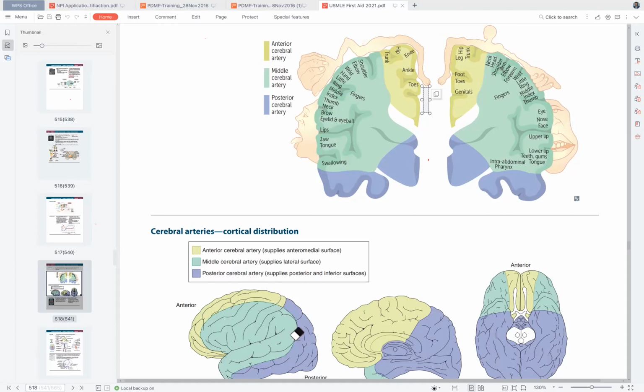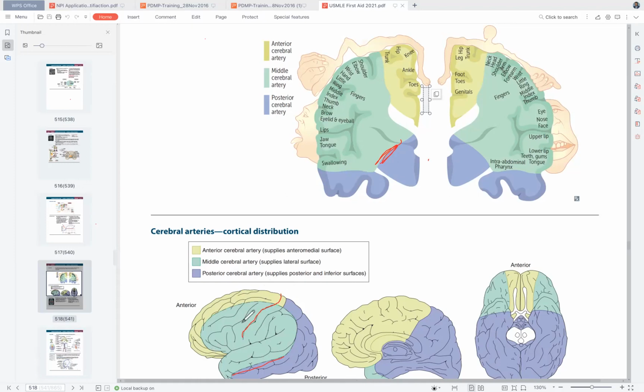Let me see. Is it like over here? What is the central sulcus? It's not clear in this picture. I'd be lying to you if I showed you.